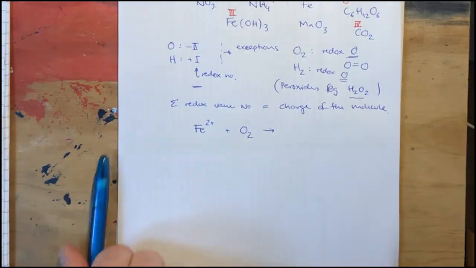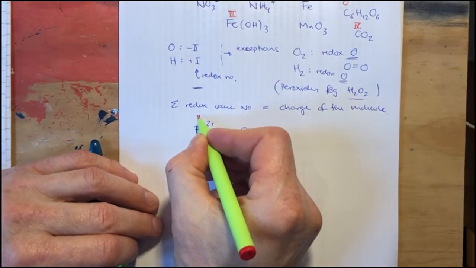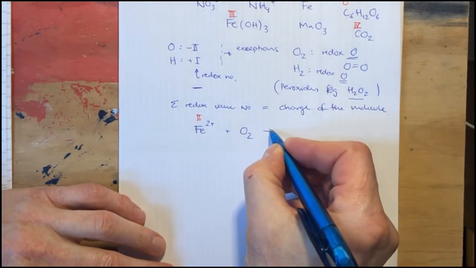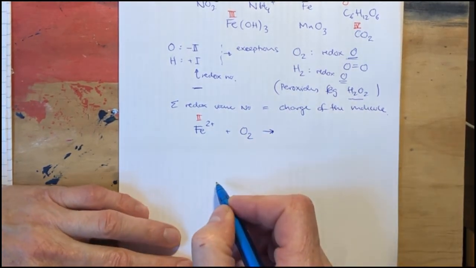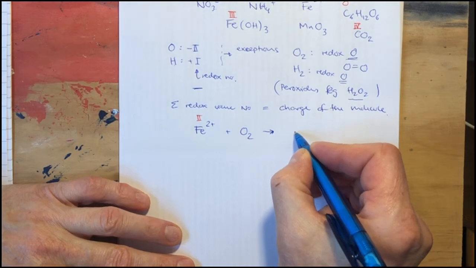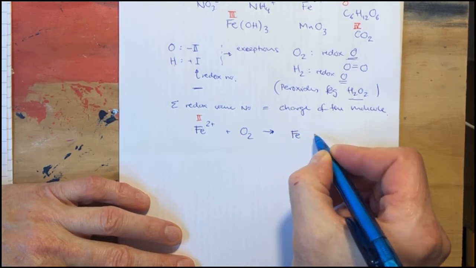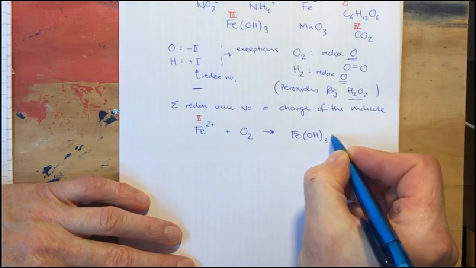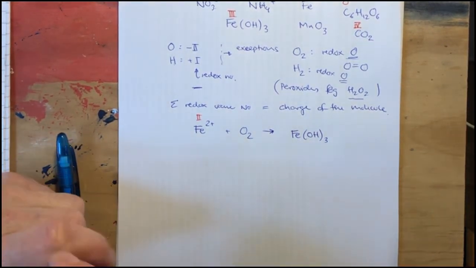Iron has the oxidation state of 2 here, and iron can appear as iron 3, something you know from looking at which oxidation states different elements can appear in. So for instance, in this component, a solid component, because iron 3 is not very soluble.